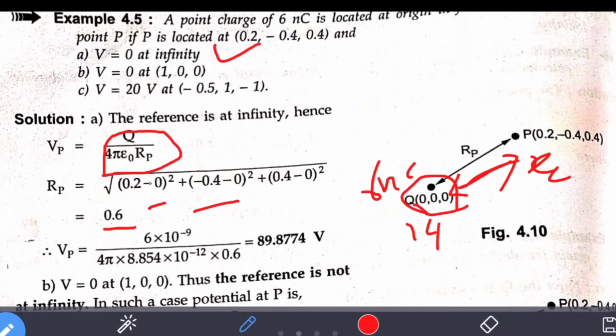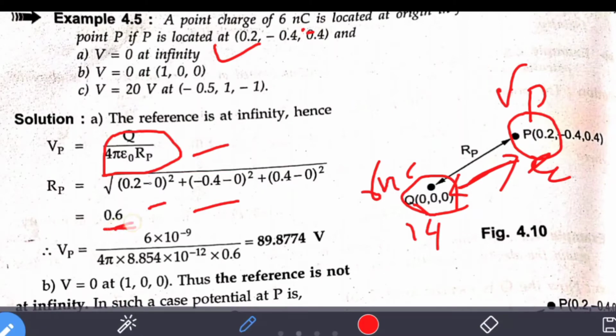Therefore, the absolute potential at point P, Vp, is equal to Q by 4 pi epsilon naught Rp. Substituting in this formula, the charge is 6 nanocoulomb, 6 into 10 power minus 9, divided by 4 pi epsilon naught.